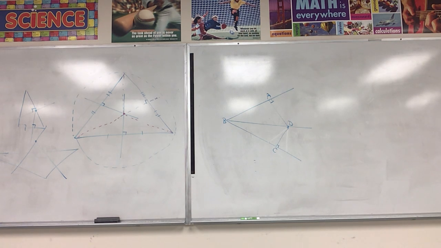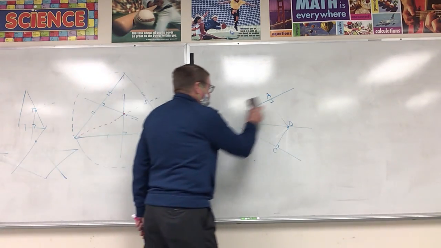Inside the triangle. Where will the circumcenter of a right triangle be? On the hypotenuse, the midpoint. Where will the circumcenter of an obtuse triangle be? Outside. Then we talked about angle bisectors.